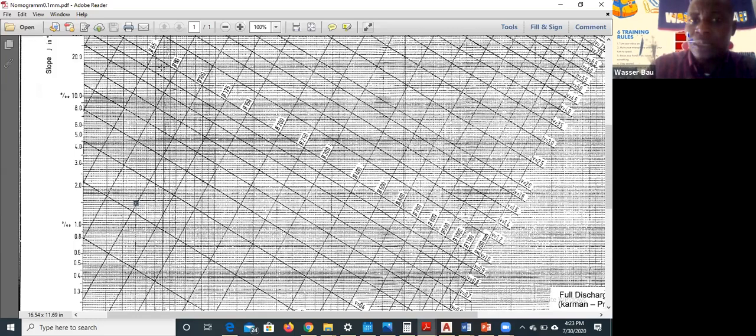So from experience, anything on the street, any infrastructure or district design, the minimum pipe diameter should be 75 mm.